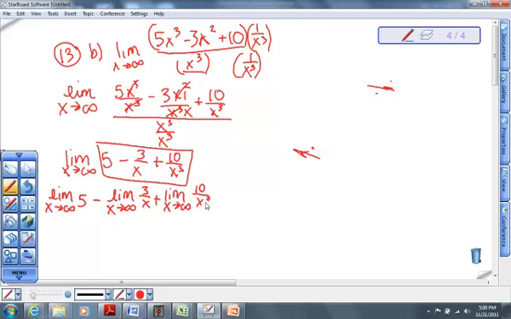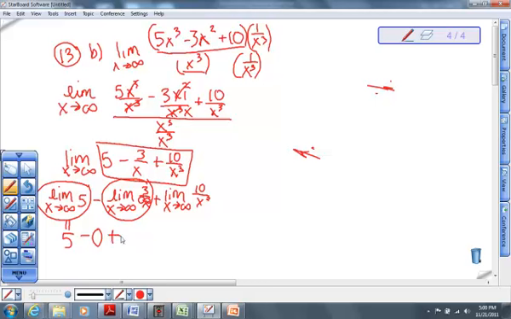This piece right here is just equal to 5. This piece right here, that's the property that we just learned in this section, is just equal to 0. If you could plug in infinity for this x, this would be 3 over a huge number, so it's basically 0.